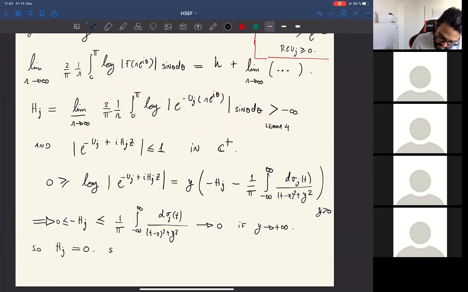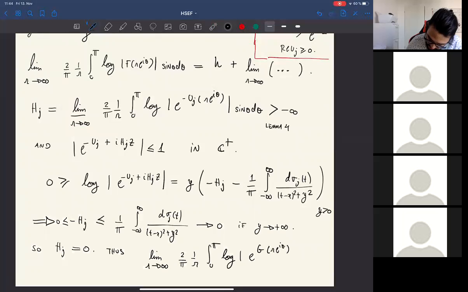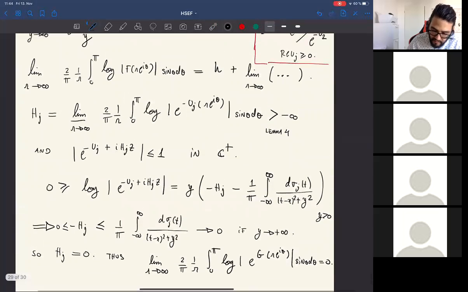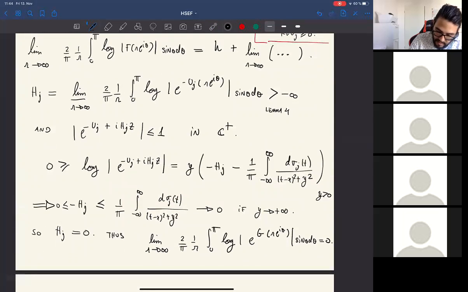So to finish, thus the limit, and this for each j, so I can already say that this for e^g is 0, and that's enough because that's exactly this bit here. Okay, and that finishes the proof.